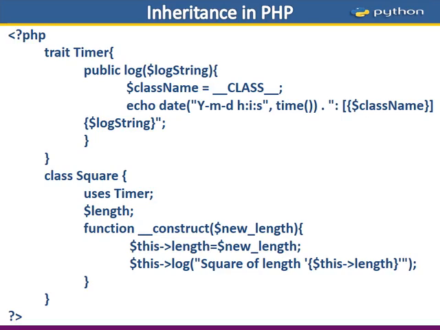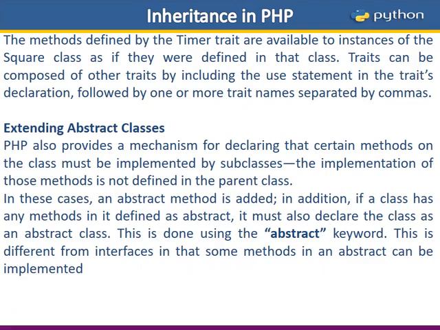We calculate the side length using the constructor, __construct. We studied the code example as well, using the trait keyword and the use keyword. The methods defined by the Timer trait are available to instances of the Square class as if they were defined in that class.